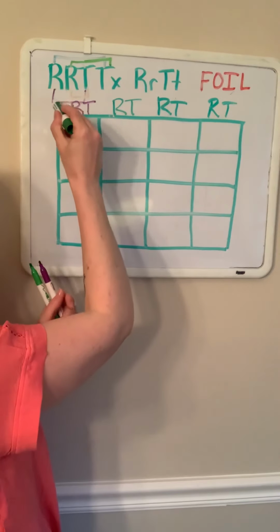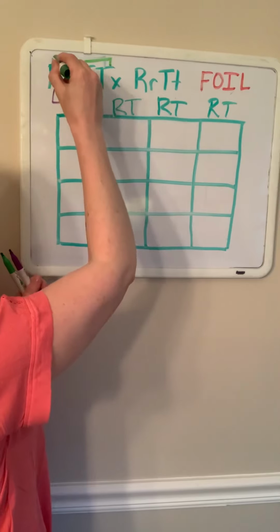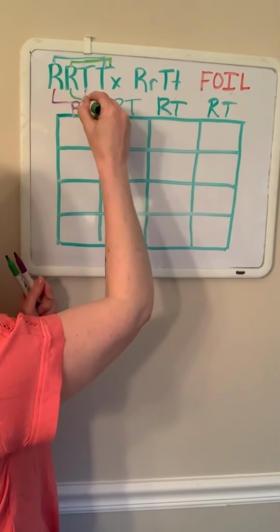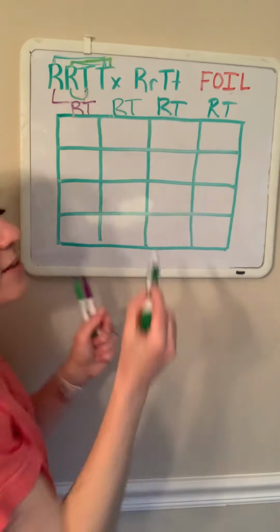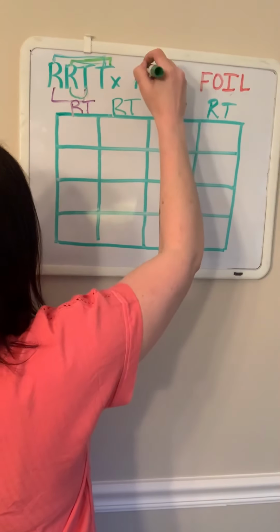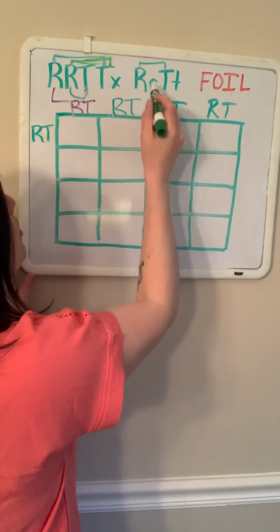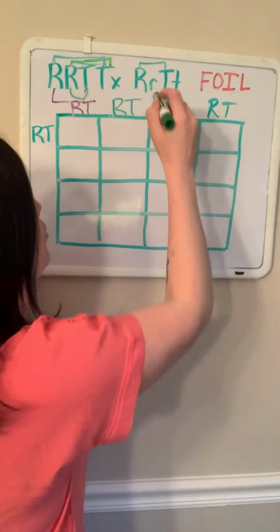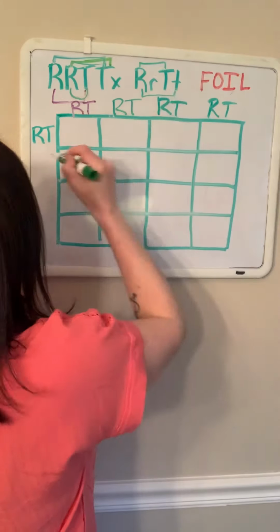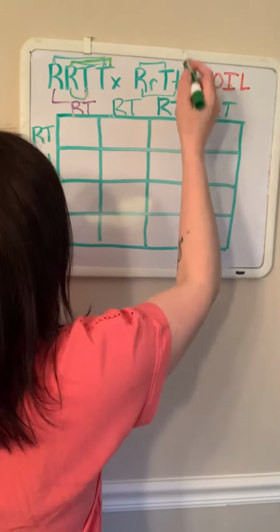Again, it's the first two, outer, inner, and then last. Okay, so let's do it for the other one. First will be capital R, capital T. Outer, capital R, lowercase t.